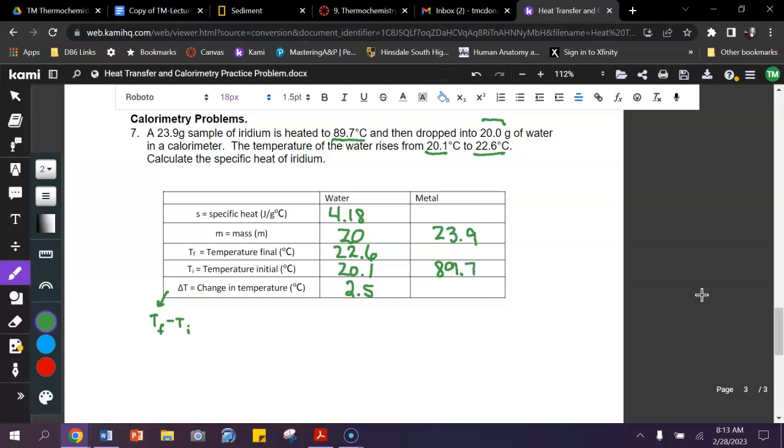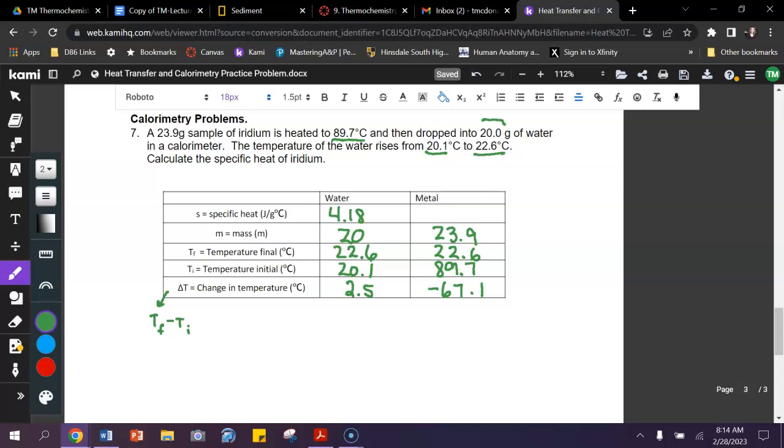I know that the final temperature of my water is equal to the final temperature of my metal, so that is 22.6. Now remember that delta T is T final minus T initial, so this is a negative 67 degrees. Oh, sorry, it's actually a negative 67.1 degrees.